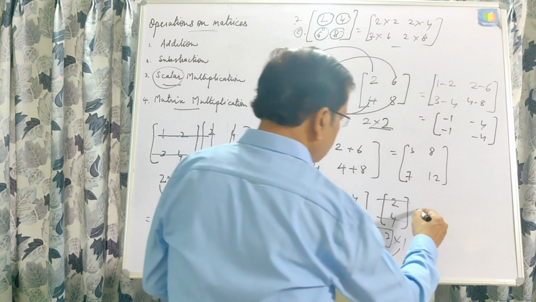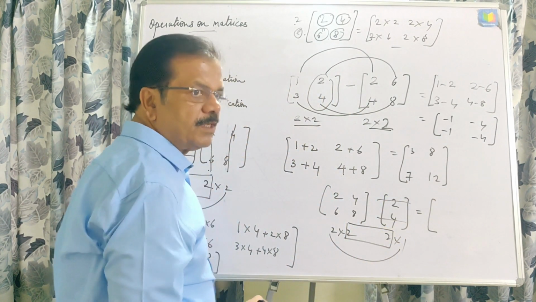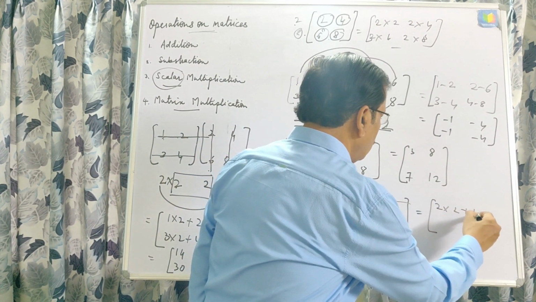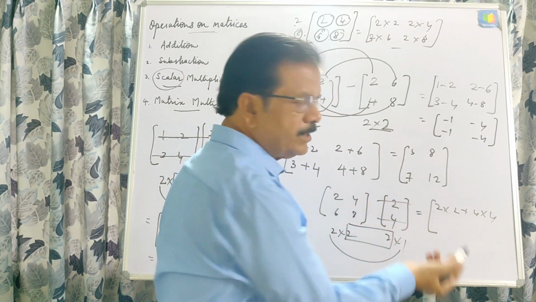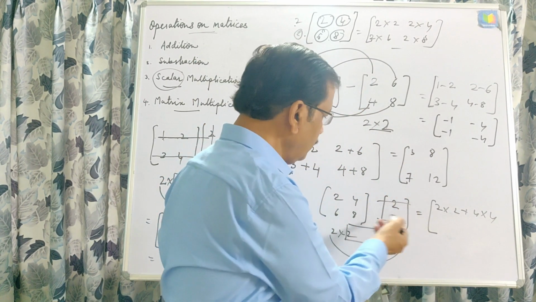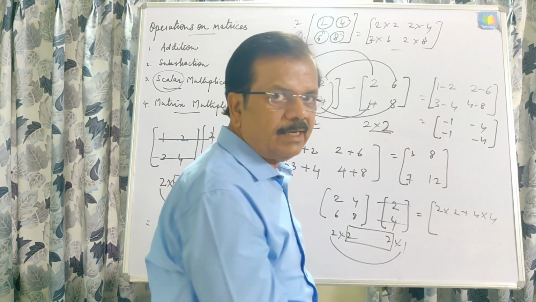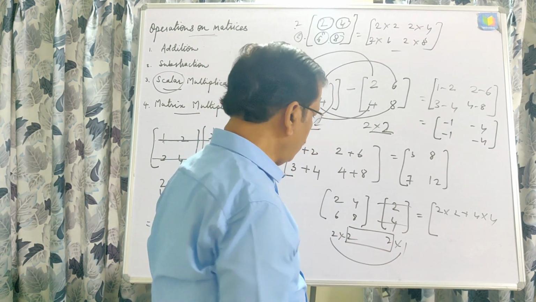How? You can see here, first row, first column, corresponding elements multiplied and added, that is 2 cross 2 plus 4 cross 4. Second row, first column: because there is no next column, the single column here will be taken as the first column.